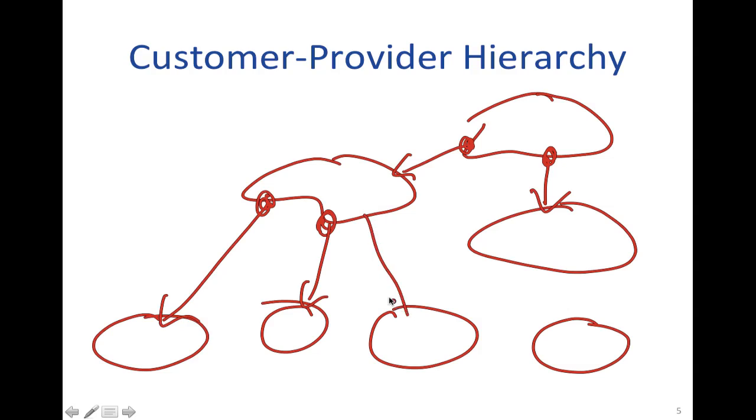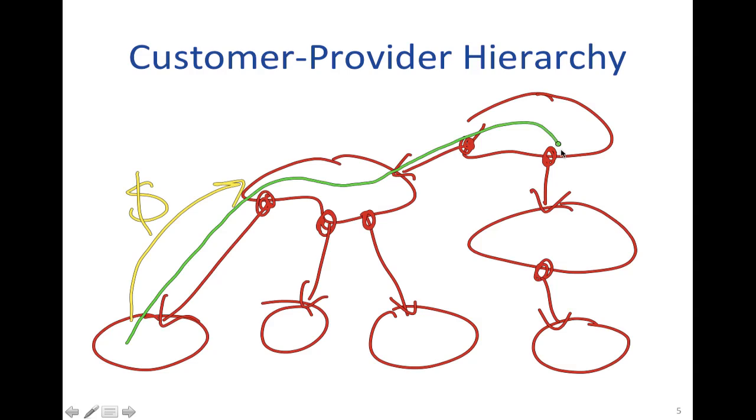And what that tells us is that, as before, the money is actually flowing in the other direction for settlement charges between them, and IP traffic can go in the following way. So IP traffic could flow from a customer up to its provider, down through its customer, and down through its customer down here. Similarly, traffic from here could flow through this way.